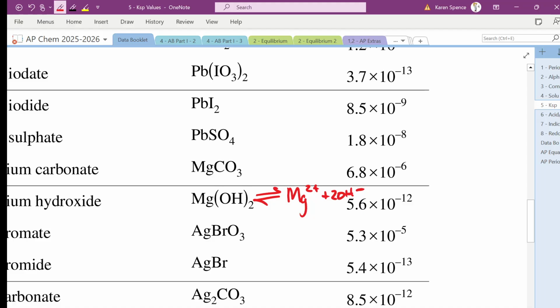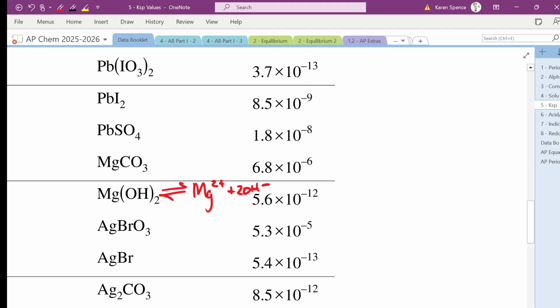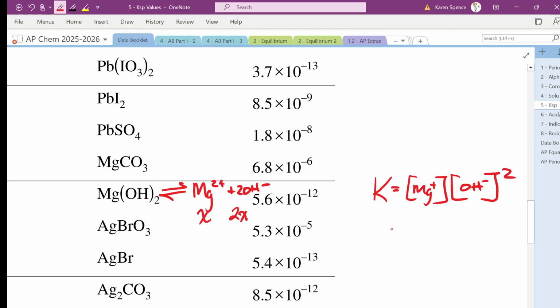In unit 3, we will be able to figure out the concentration of hydroxide based upon that. What you would get is X and 2X. So the K would be equal to Mg times OH squared, so that would be X times 2X squared, which is 4X cubed, which is 5.6 times 10 to the minus 12.